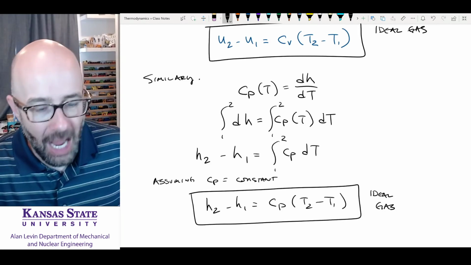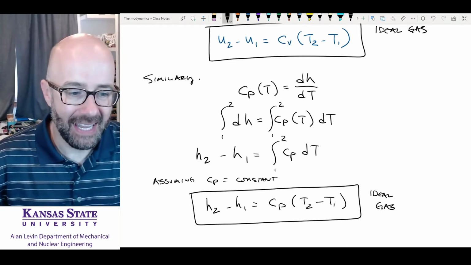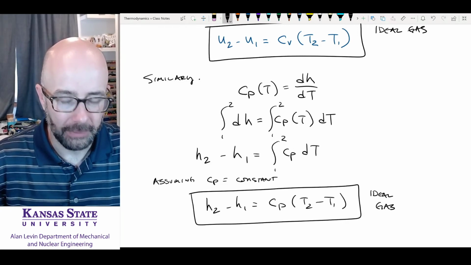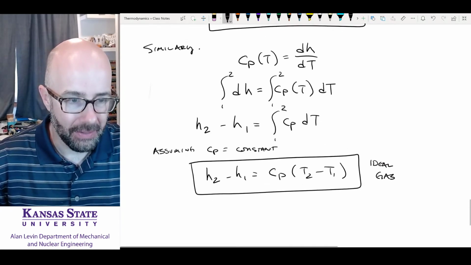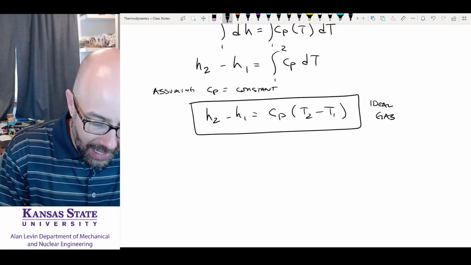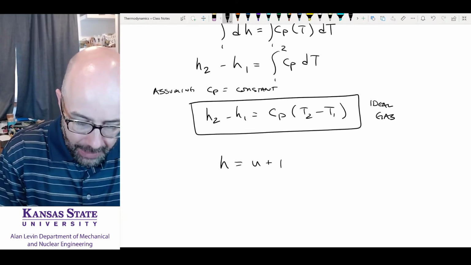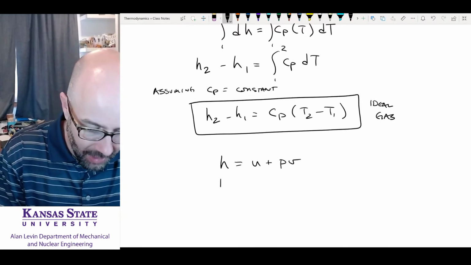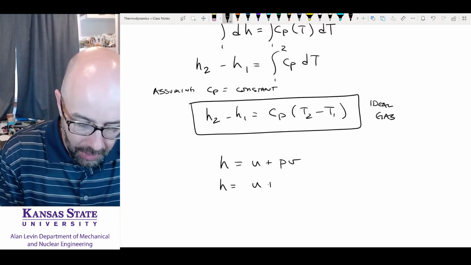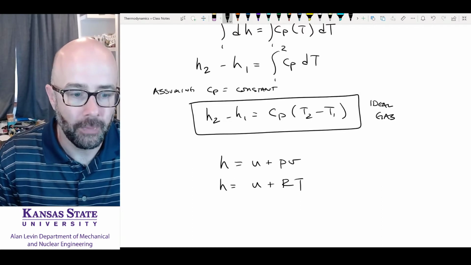Okay? Now, one last thing to talk about today, and that is the following. We know that enthalpy is equal to internal energy plus PV. Or for ideal gas, enthalpy is equal to internal energy plus RT. Okay?